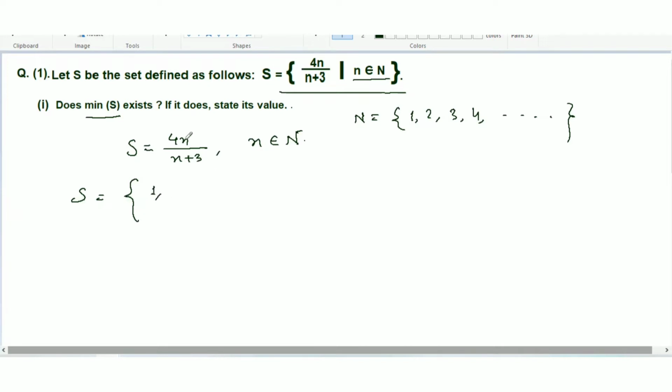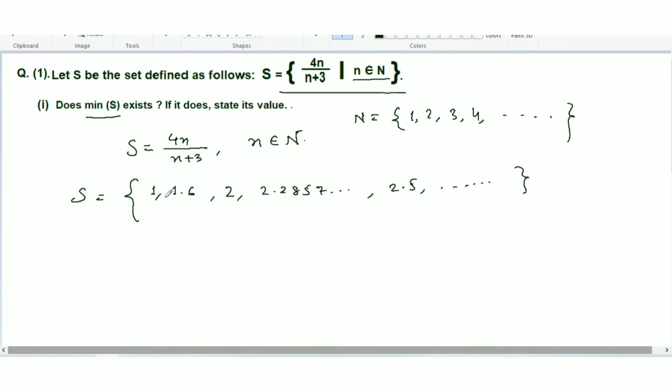When you substitute 2, 4 times 2 is 8, over 2 plus 3, which is 5, so 8 over 5 gives 1.6. Substituting 3, 4 times 3 is 12, over 3 plus 3, which is 6, gives 2. Substituting 4, you get 2.2857 and so on. The next number is 2.5. This way, we will get all the numbers.